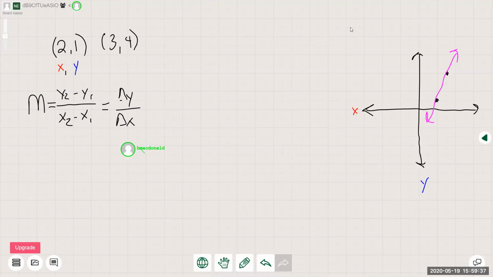Okay, so looking at that, we can actually plug these numbers in. Our first ordered pair is 2, 1, and our second ordered pair is 3, 4. This is important so we can differentiate the right numbers.